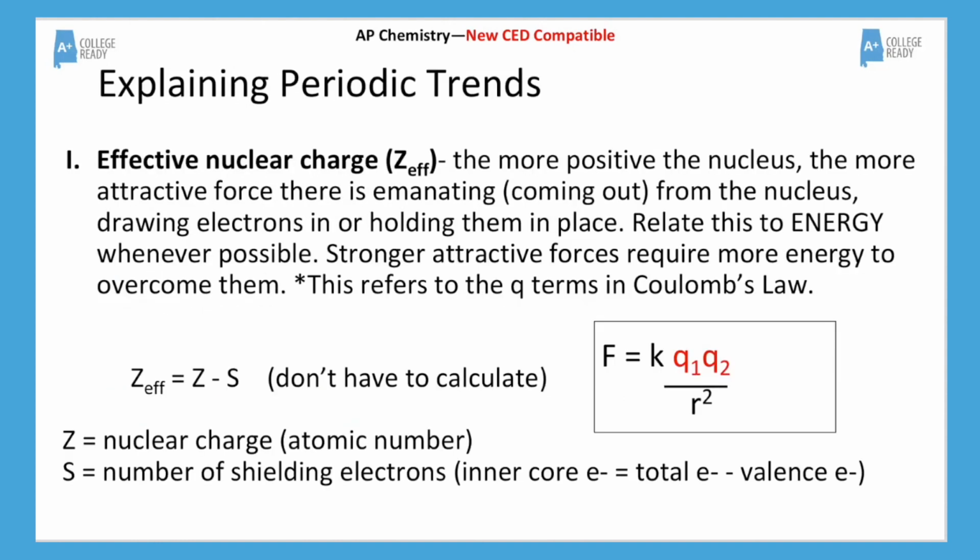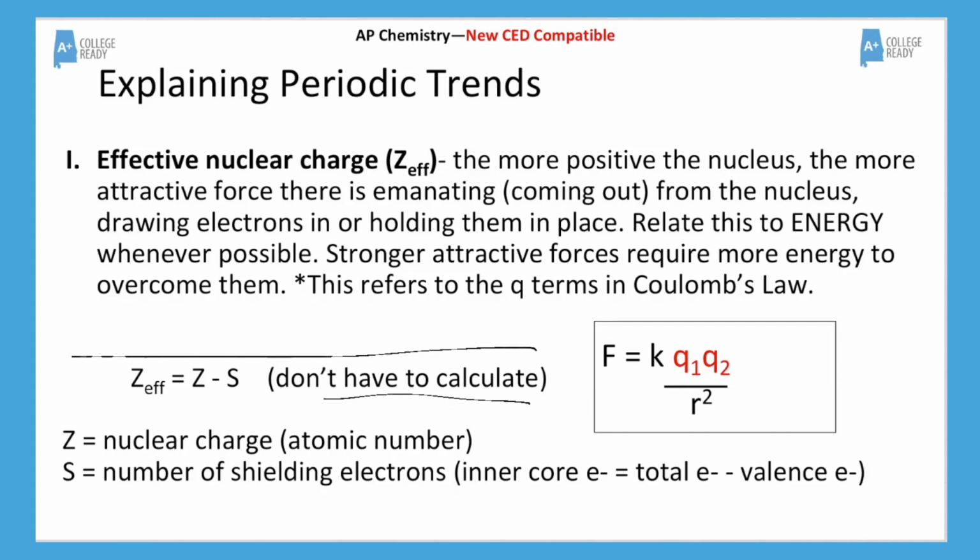Alright, so when we're explaining periodic trends, I want to be very clear. You're going to see this term effective nuclear charge. And what I want to make sure you understand is you don't have to calculate it. And I'm just going to kind of draw a line here. Some teachers like to use this calculated value.